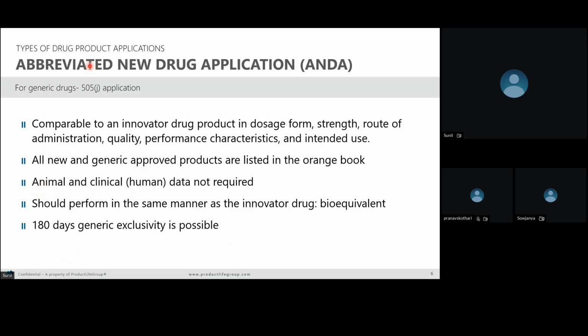So this is how an ANDA application is filed. You have to prove bioequivalence. And if you are the first generic, suppose in 2041 you are the first generic of rosuvastatin, then you also get 180 days generic exclusivity, if you have challenged the patent. Again I come back to the chronology.